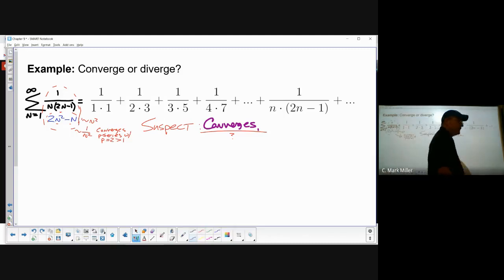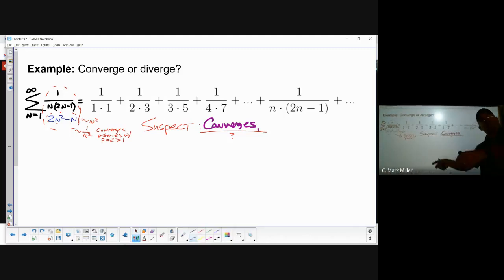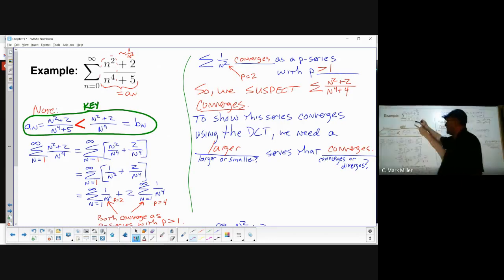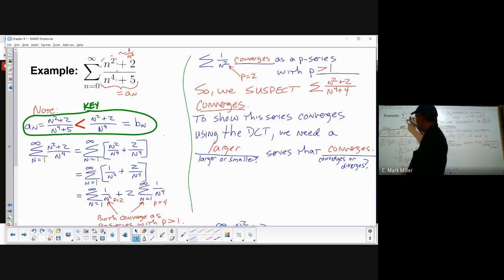So what do we do? Just like the last problem, we need to find a slightly larger series that converges. Now, just to note, so we don't forget this, notice all these are positive terms. That's a condition for the direct comparison test. It's okay if it's positive from some point on.